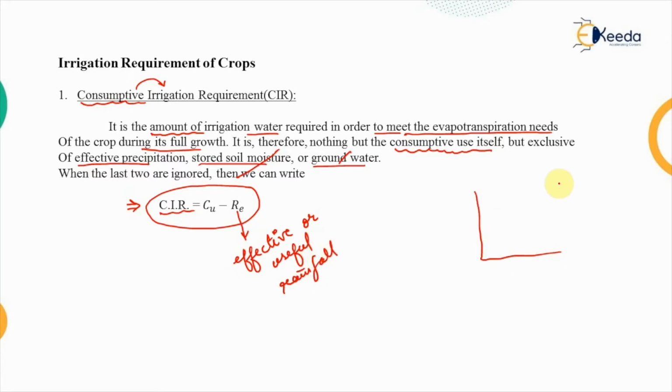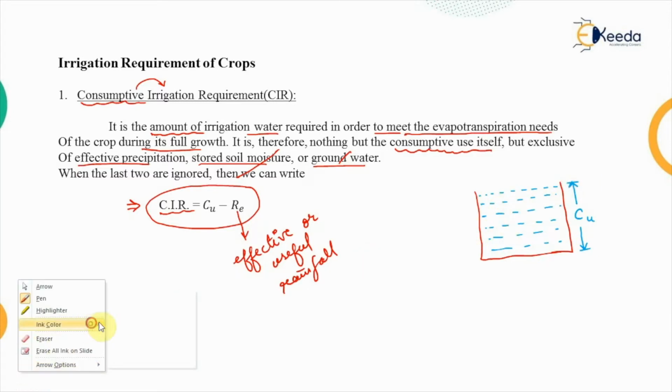Now let's say, to fill this crop zone or the root zone of a particular crop, this is the requirement of the consumptive use from the crop. Now out of this, a certain portion is fulfilled with the help of the rainfall.